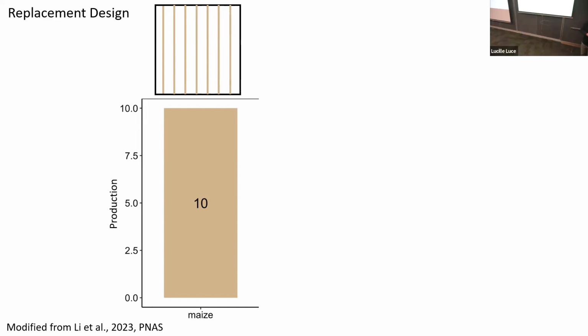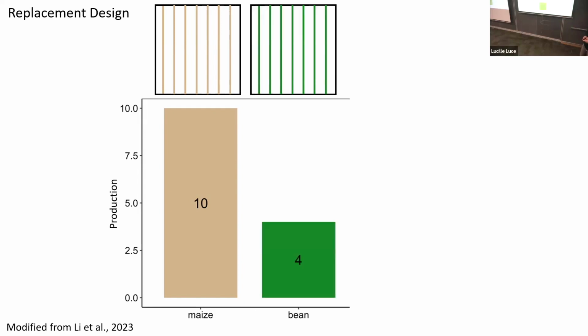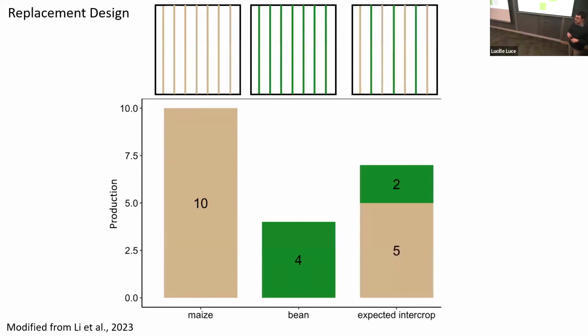Let's say we have a monoculture field of a grain crop like maize, which yields 10 units per area. We have a soybean maybe that's yielding 4. If we do a replacement design and substitute one row for another, this is what we'd expect: half the amount of corn plants in that field and half the amount of soybeans as the monocultures, combined. This is our expected intercropping yield.